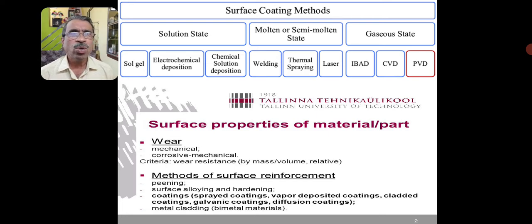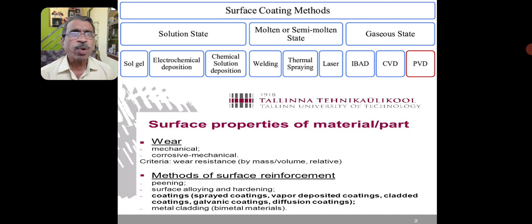Semi-molten state includes welding, thermal spraying, and laser techniques. Gaseous state includes IBAD, CVD, and PVD. CVD means chemical vapor deposition, PVD is physical vapor deposition.